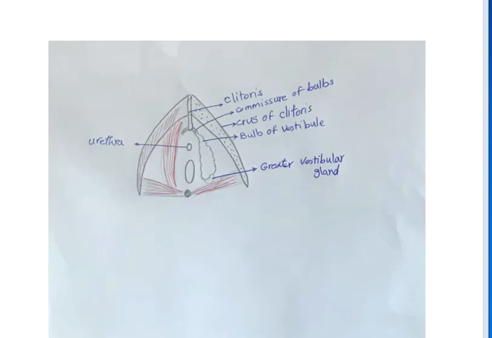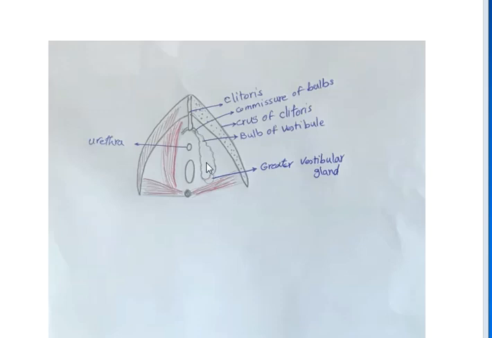So the bulbs of the vestibule are two oval bodies of erectile tissue that correspond to the two halves of the bulb of the penis. In men, these are not divided into two halves, but here in the female there are two halves, right and left. The right one is covered by this muscle, bulbospongiosus, and here we made a cut and removed these muscles.